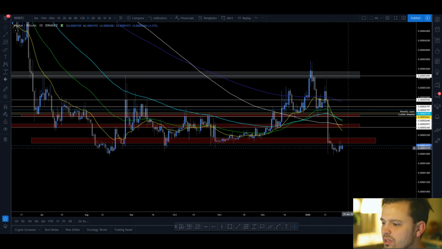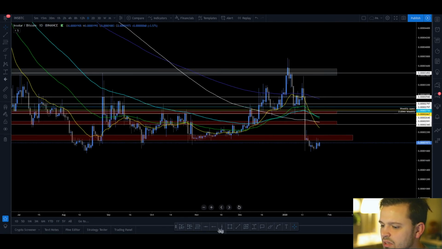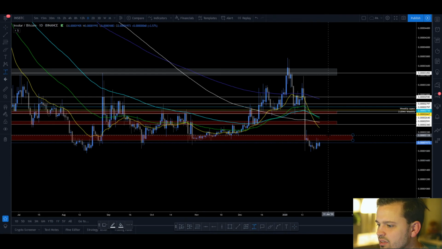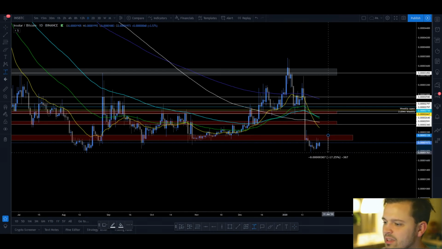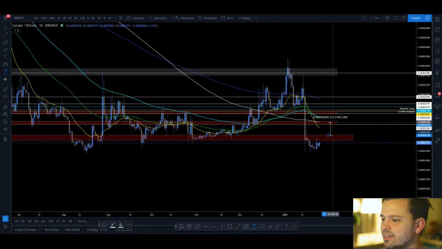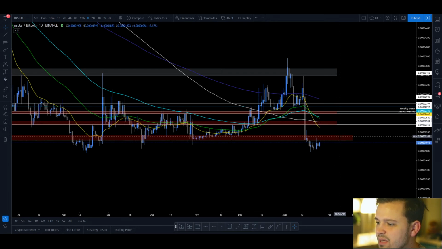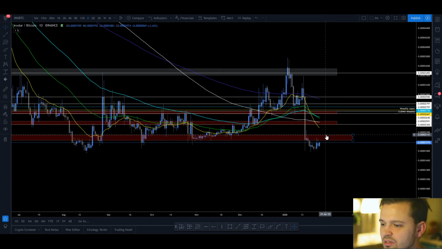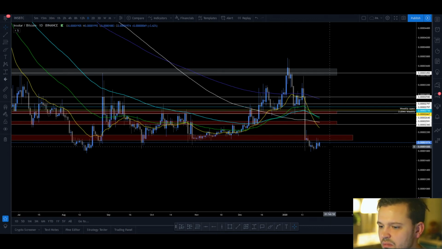I'm not really sure where I would place my stop loss. I mean, the obvious place would be down here, but that's like a 15 to 20% loss. And on a coin like this, the R isn't really there. Maybe if you enter at the top of this resistance area here, you could place your stop below this wick here, I think.